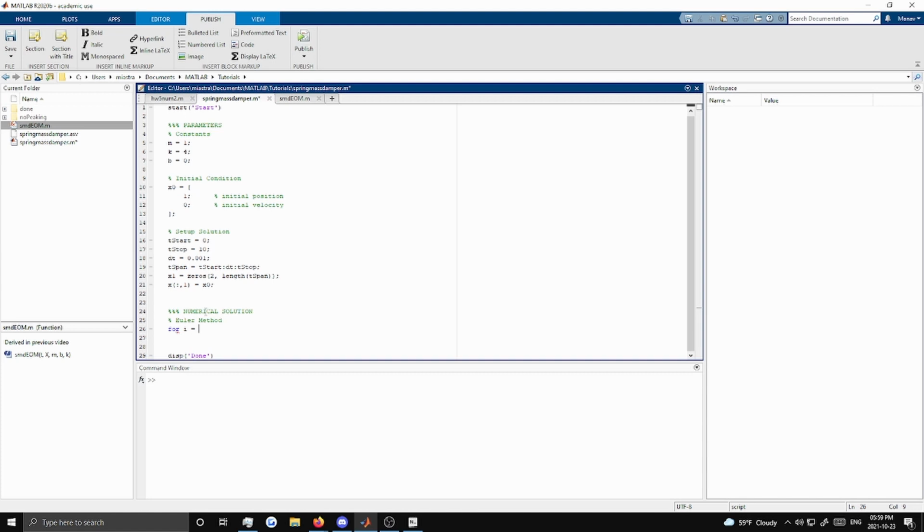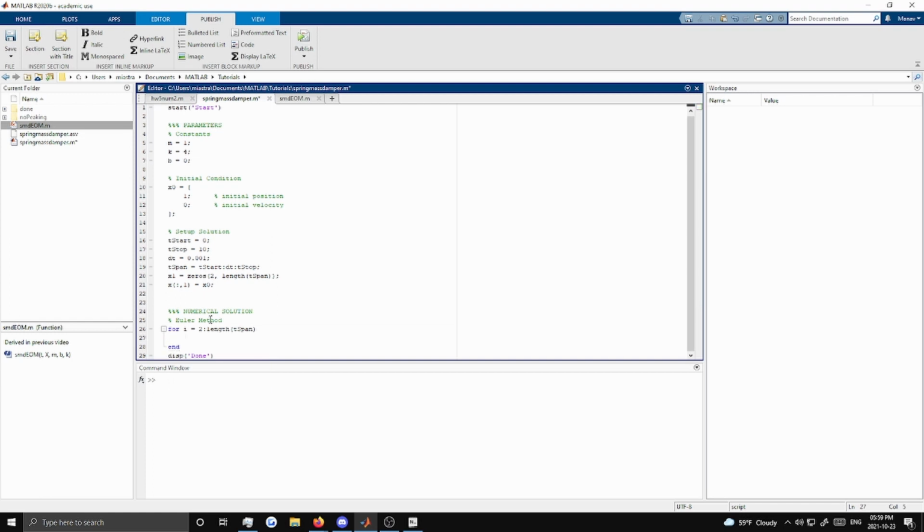Keep in mind, we aren't starting at 1, actually. We're starting at 2. The initial position, which is x0, is already set for us, right? The first value is already set for us. We need to start at the second position with the formula and proceed from there, going through the length of t-span. There we go. And end.